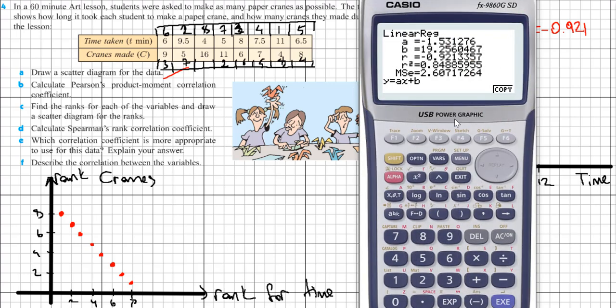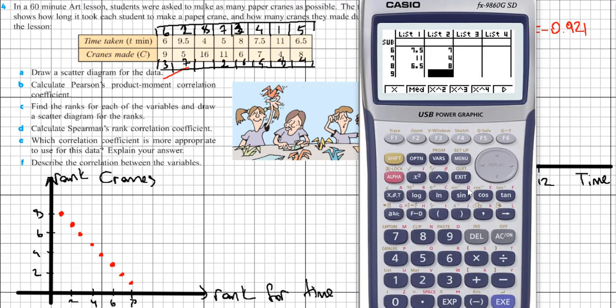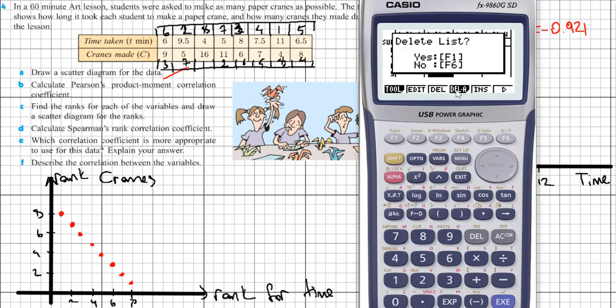Again, we will do the same thing, but instead of the data, we'll put the ranks. So let's do for the second one, delete all.